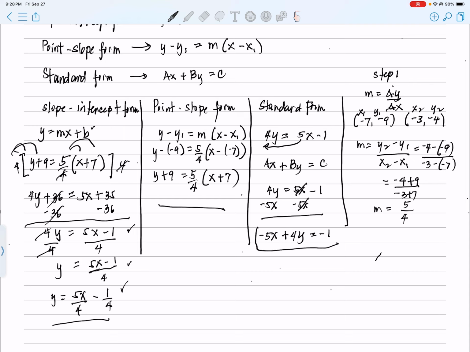And this is our standard form, wherein this is your A sub x, this is your B sub y, equals, this is your C. All right, that's it. So this is the standard form.